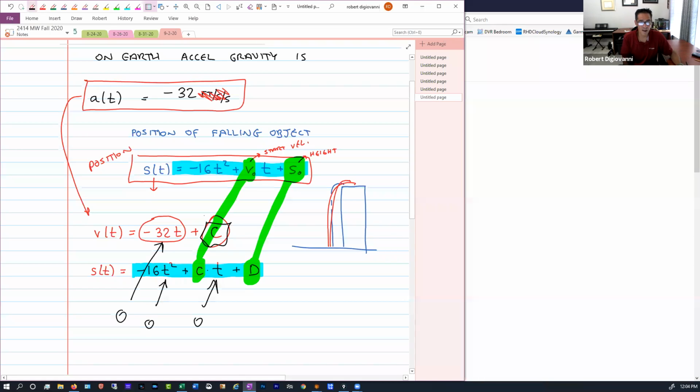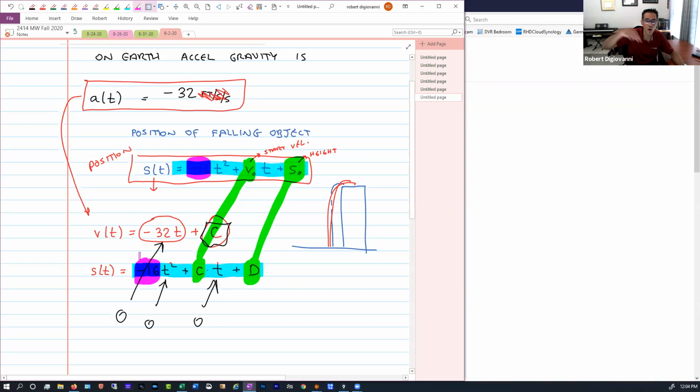What I'm telling you is that if you go to any planet, if you can measure the acceleration of gravity on that planet, you can generate its position function for any object falling on that planet. You just have to be able to do the antiderivative twice. So the only part of Earth's position function that is unique to Earth is the negative 16, because that comes from the acceleration of gravity here.